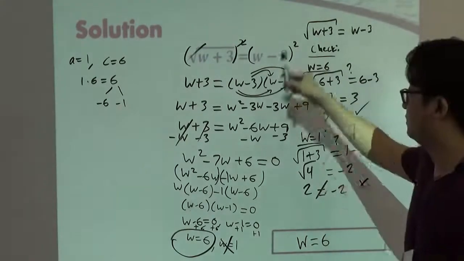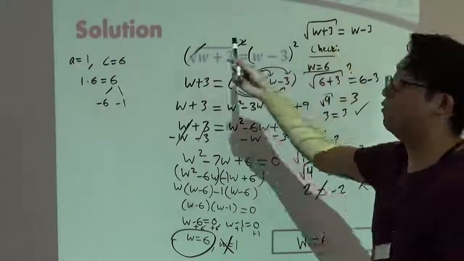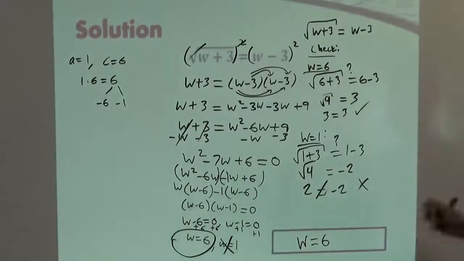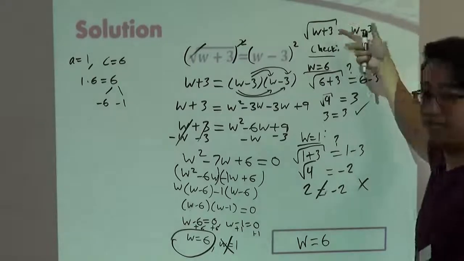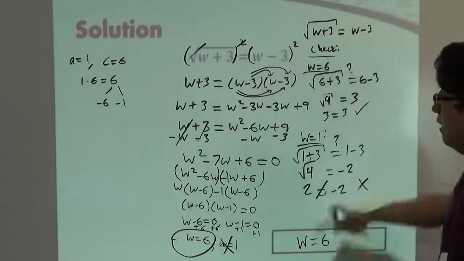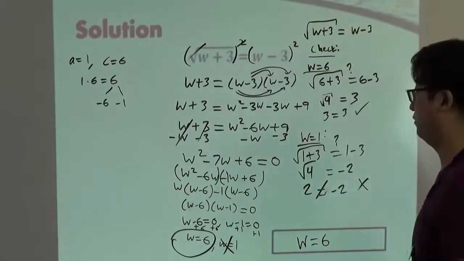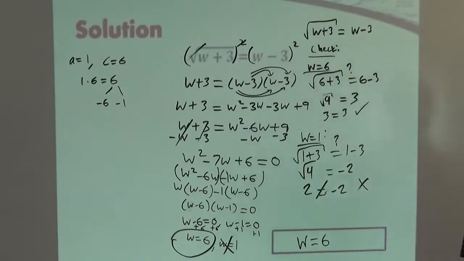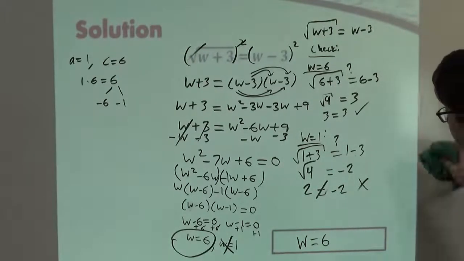So even though you did the arithmetic right, you always want to double check, because of the square root property, right? Square root property is you always have to check. When you get your answers, you want to double check to see if it makes sense in your equation if you plug it in.